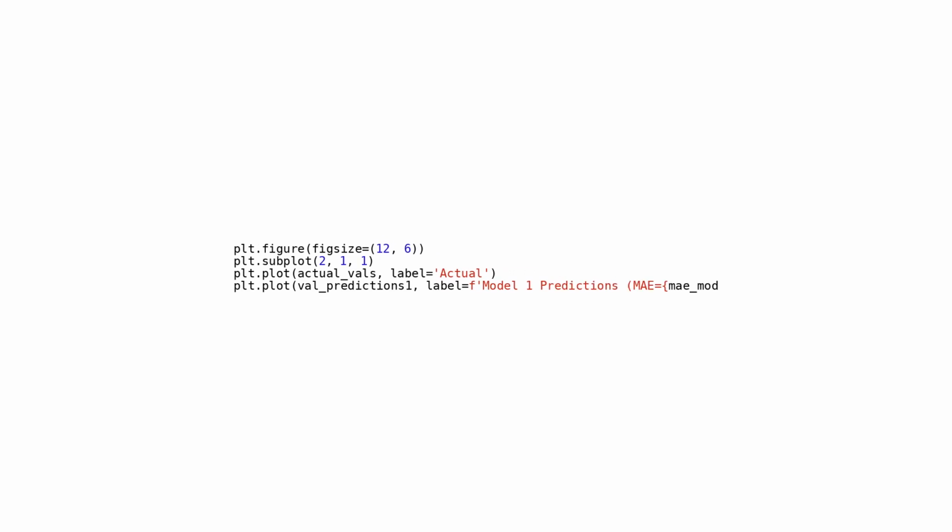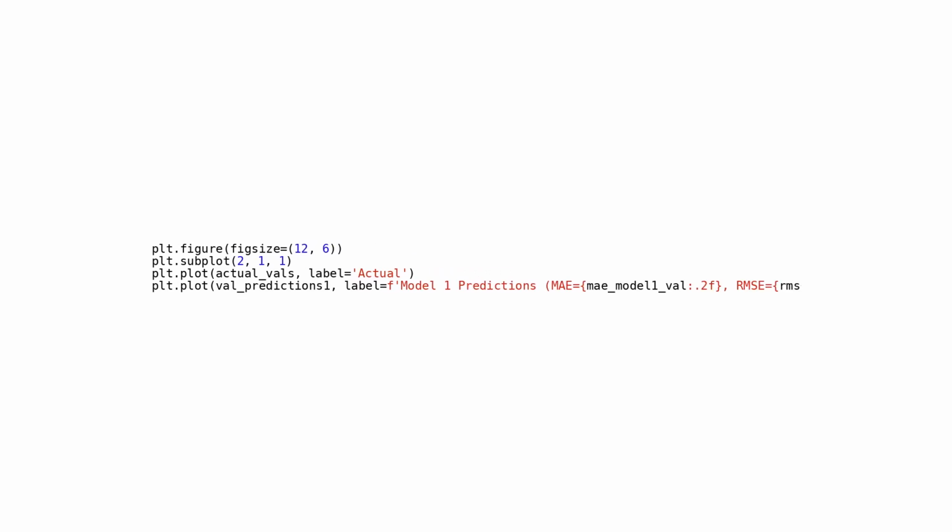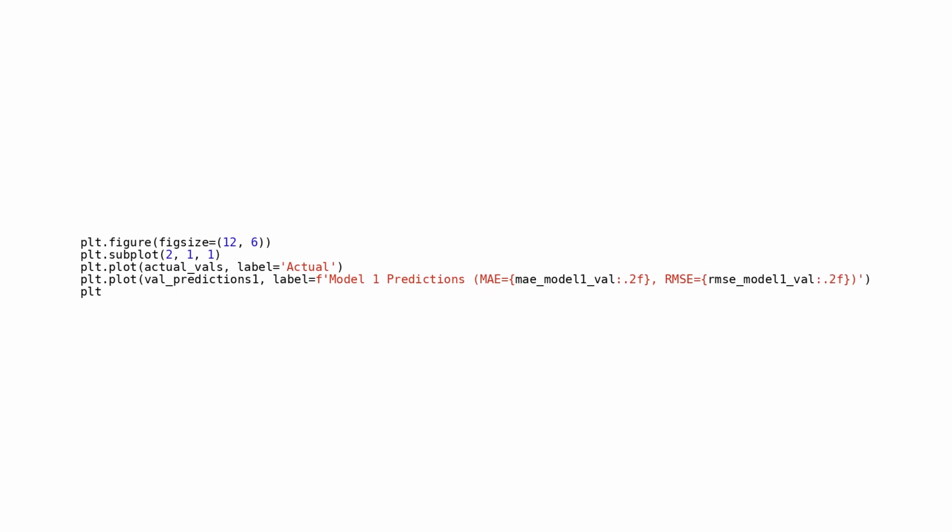This visualization is created to compare actual values, model predictions, and residuals of two models on a validation dataset using multiple subplots. Here's an overview of the steps involved. 1. A figure is generated with dimensions of 12 by 6 inches to contain the subplots. 2. A subplot grid is established with 2 rows and 1 column. 3.